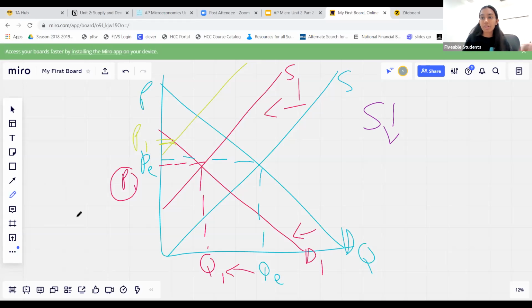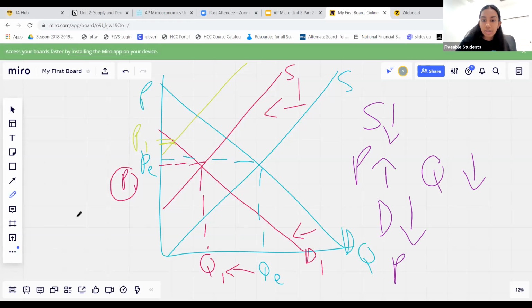And remember, in the last example, when supply shifts left or decreases, our price increases and our quantity decreases. And at the same time, our demand is decreasing. That is not a D. So when our demand decreases, our price decreases and our quantity decreases.